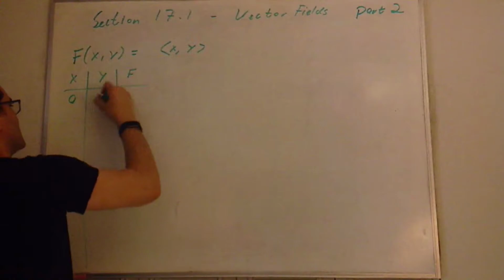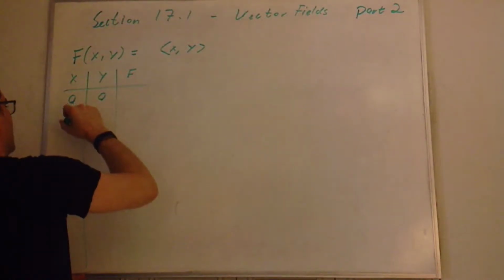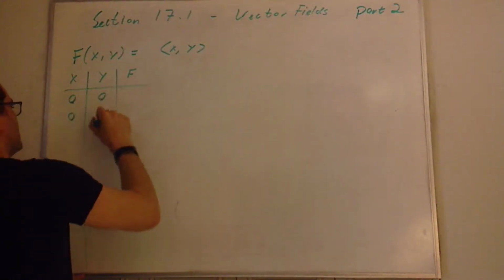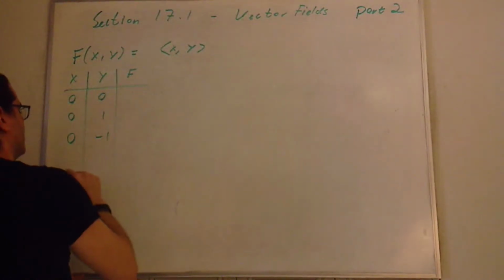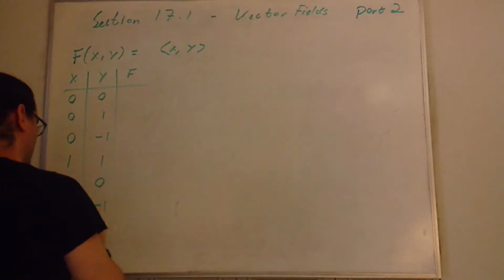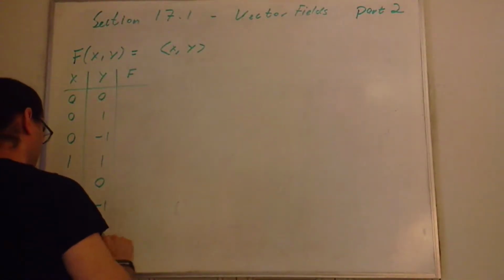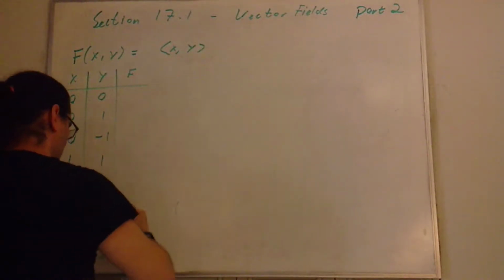I'm going to go 0, 0, 0, 1, 0, negative 1, 1, 1, 1, 0, 1, negative 1, negative 1, 1, negative 1, 0, negative 1, negative 1.